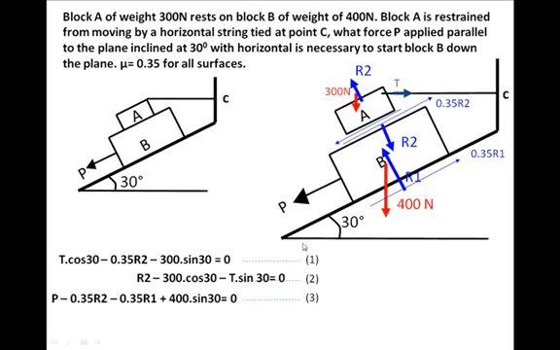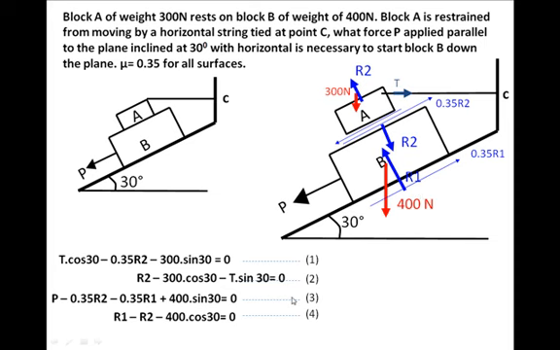The third equation will be for sigma Fx for body B. So it will be P minus these two frictional forces, 0.35 R1 and 0.35 R2, plus the component of 400 in the plane direction, so 400 sin 30, is equal to 0. And finally, sigma Fy for B is R1 minus R2 minus 400's component perpendicular to the plane, that is 400 cos 30.